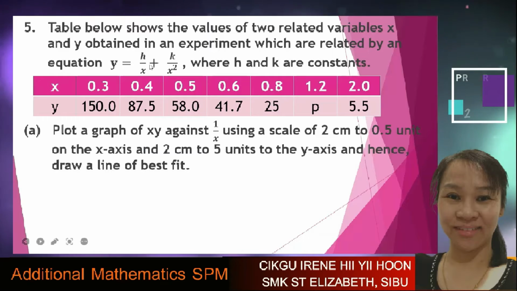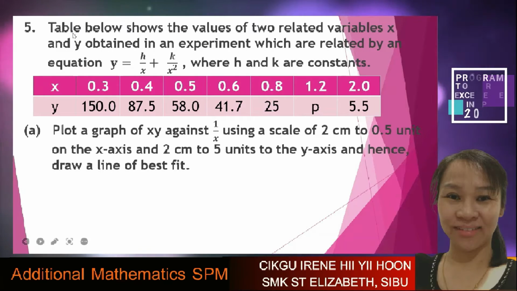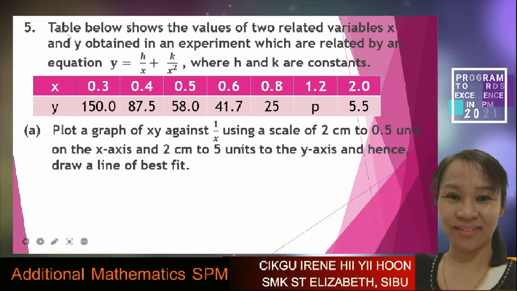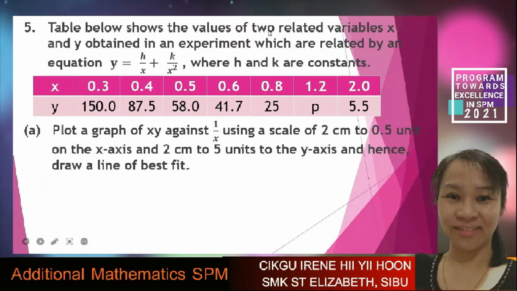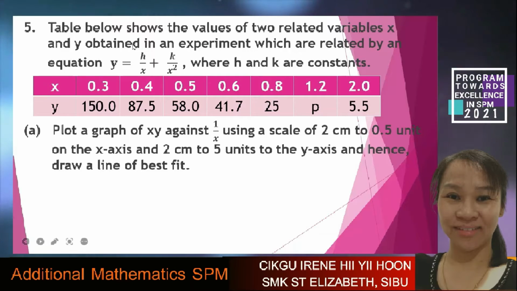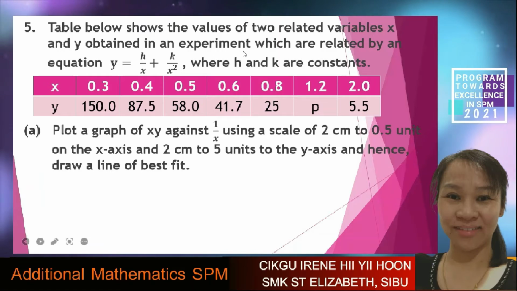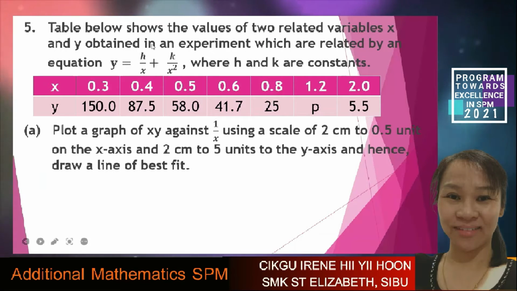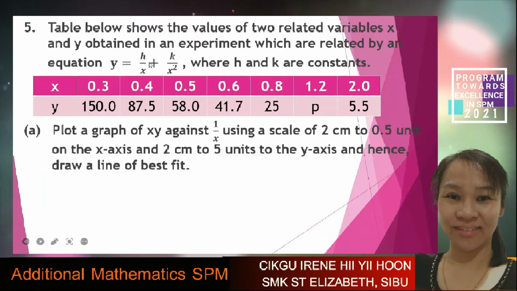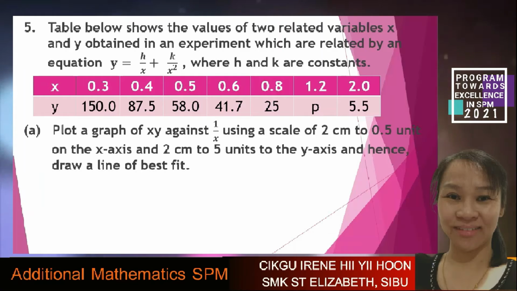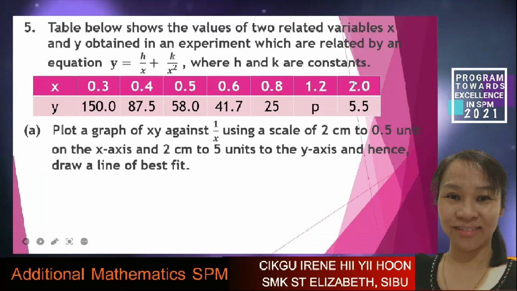Let's look at question number 5. In this question, the table below shows the values of two related variables x and y obtained in an experiment, which are related by the equation y equals h over x plus k over x squared, where h and k are constants.